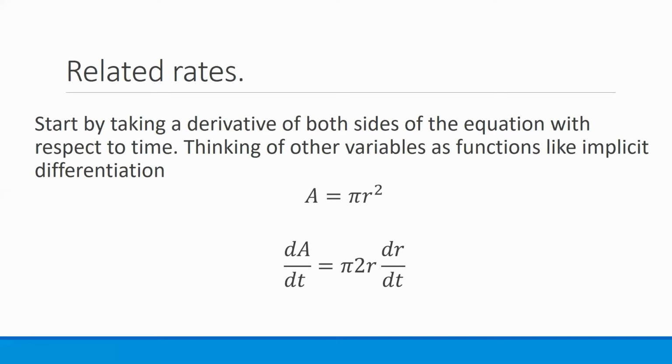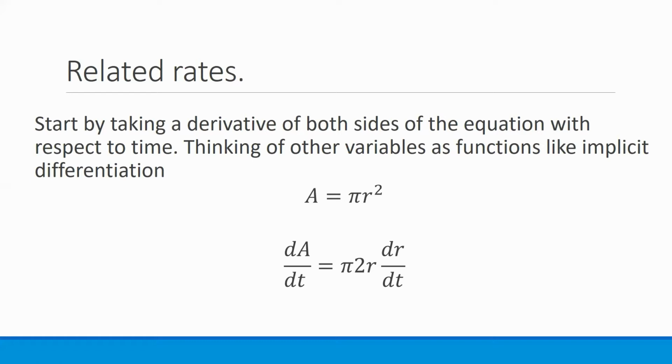Now, it's not quite as easy as just looking at the formula. In fact, if we want to look at the rate of change of the radius, not just how much the radius changes, but at what rate the radius is changing, and compare it to the rate the area is changing, then we need to use derivatives.